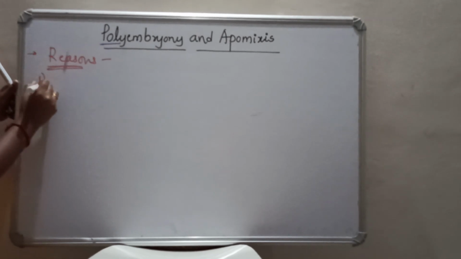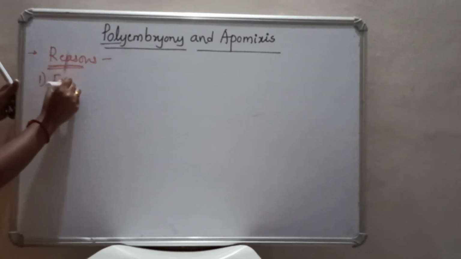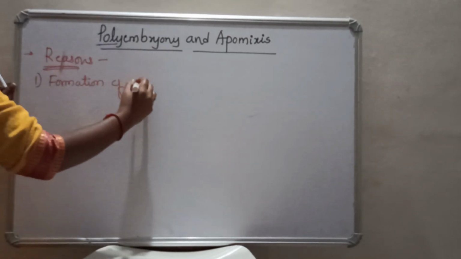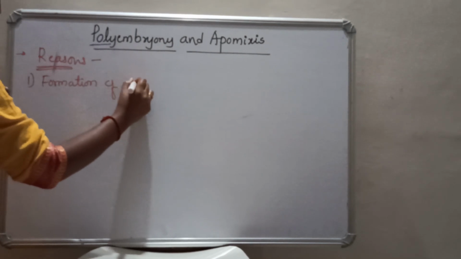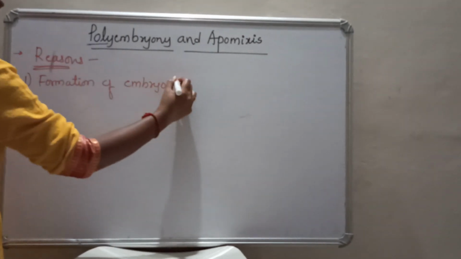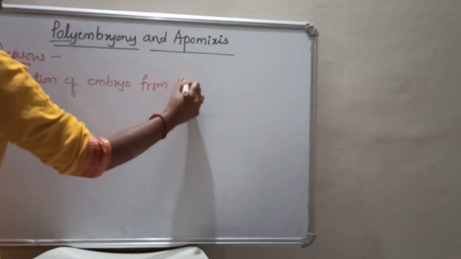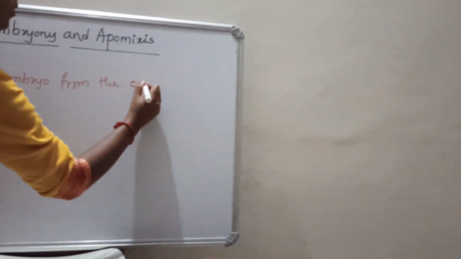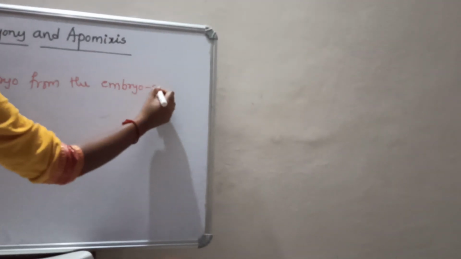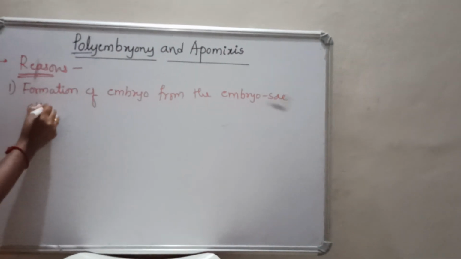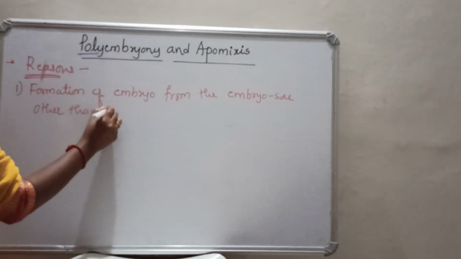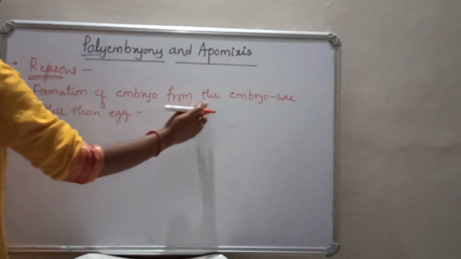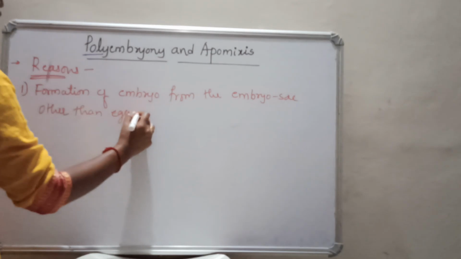The first one is the formation of an embryo from the embryo sac other than the egg.